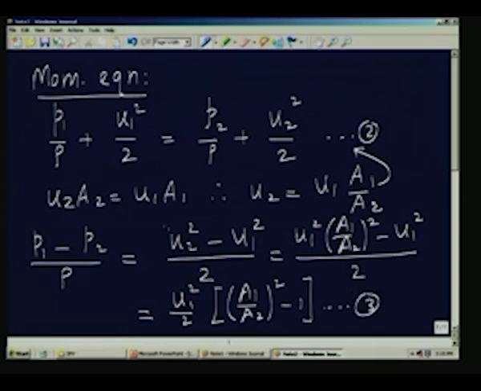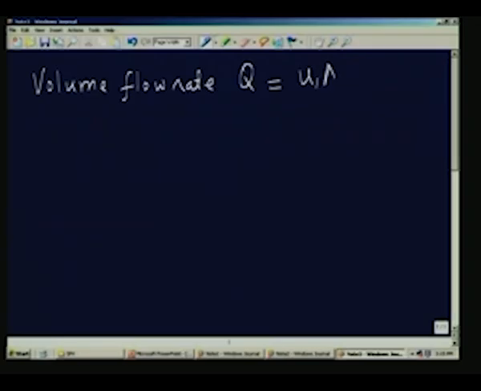And let us now look at the volume flow rate, which is nothing but Q equal to either U1 A1, which is also equal to U2 A2. I will use the expression for U1 from equation number 3.